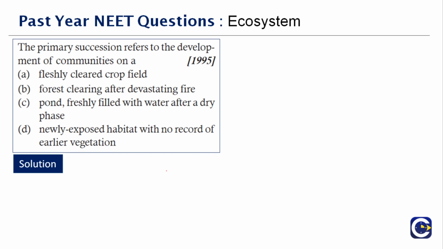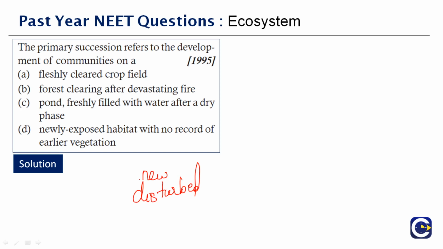When you talk about secondary succession, an area that was previously occupied by living things is disturbed, then recolonized following the disturbance. So primary means new, secondary means disturbed version. That's how you have to remember it. Only then will you remember it forever.